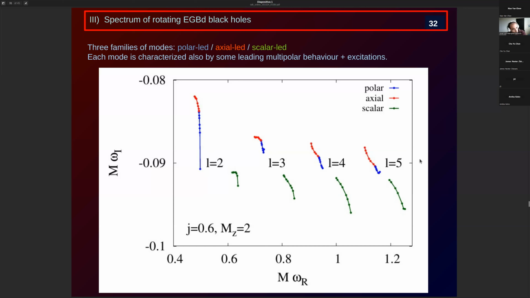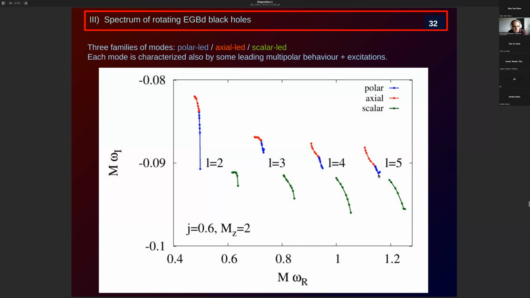But you also have another effect here. Remember, you have the scalar field, with its own dynamics, the wave equation that results from the scalar field, which is coupled to the metric perturbations, and the scalar field gives you its own resonances. In the limit of Kerr, you have the metric perturbations, and if you introduce a scalar field minimally coupled to the Kerr metric, that gives you essentially the Teukolsky equation for the scalar.